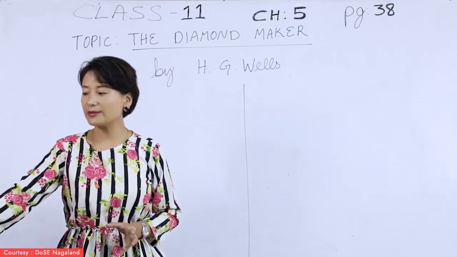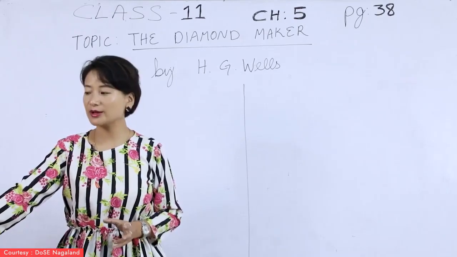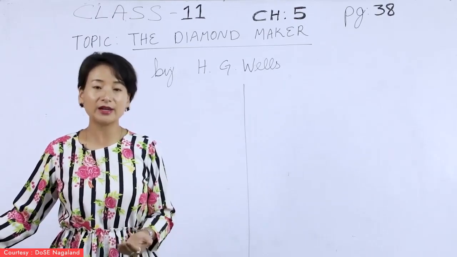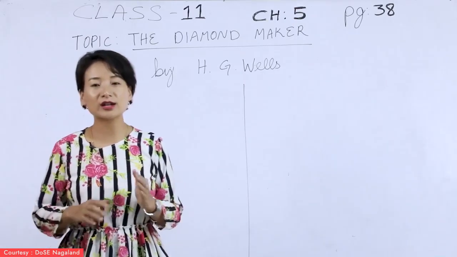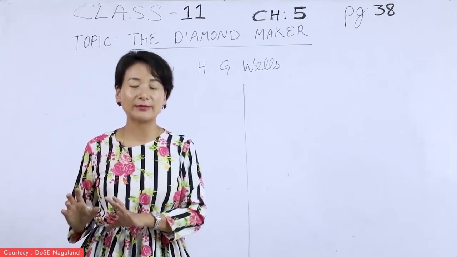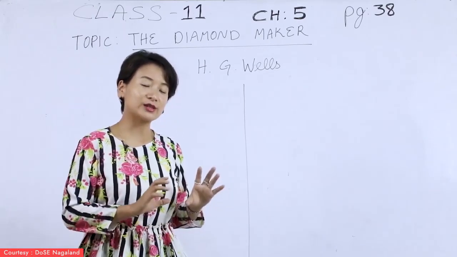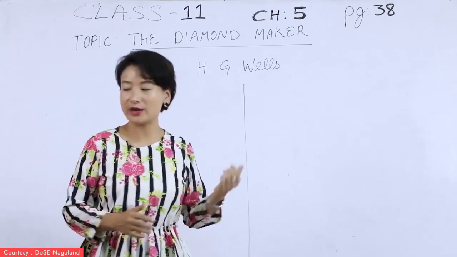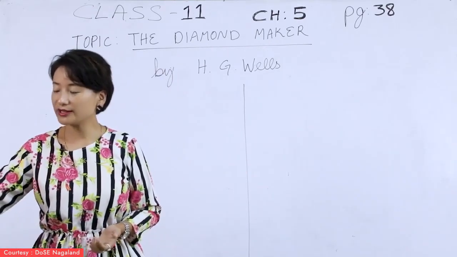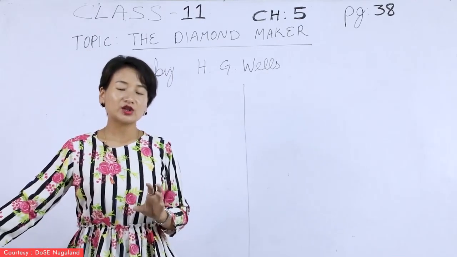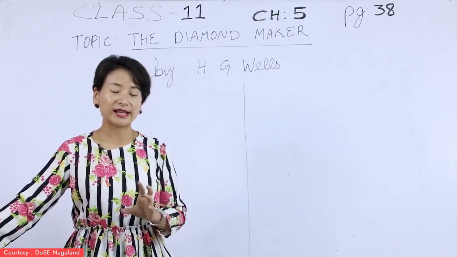He couldn't sell any diamonds which could make him rich, and ultimately he was not happy in life. Those are the bits and pieces of what happened in the discussion and what is being revealed about the diamond maker. So that is the short summarization of the lesson here.